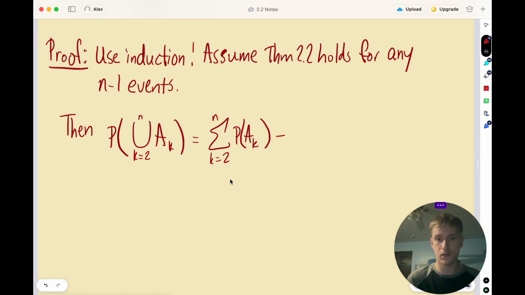Minus this sum, k and l between 1 and n of the probability of a sub k intersect with a sub l.